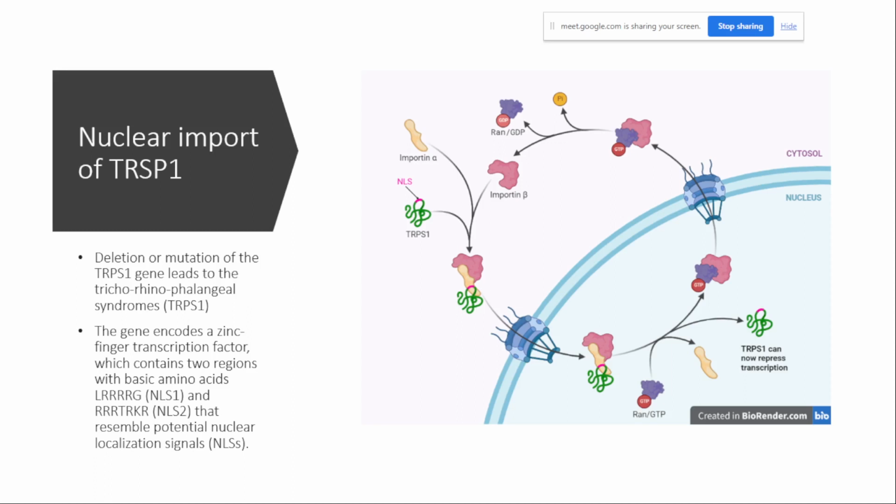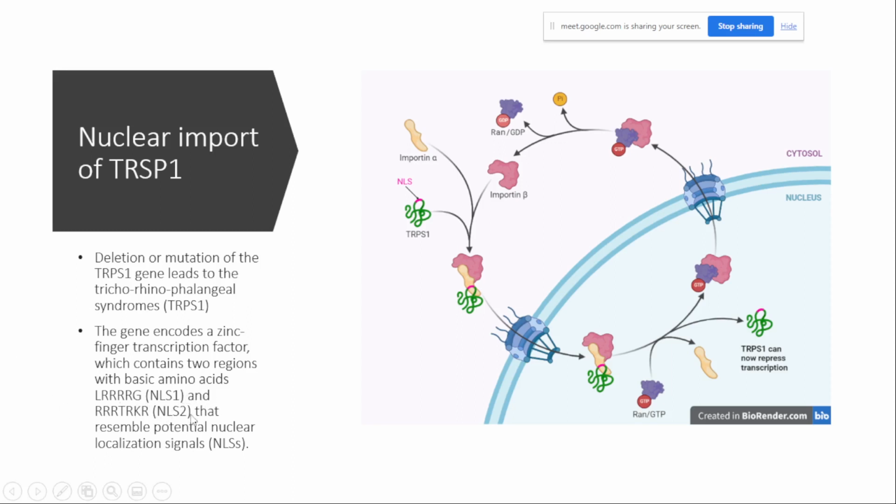TRSP1 is a transcriptional regulator. Now see how its nuclear import is important. This gene encodes a zinc finger transcription factor which contains two regions with basic amino acid motifs, NLS1 and another motif, NLS2.